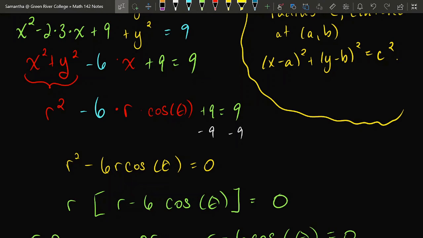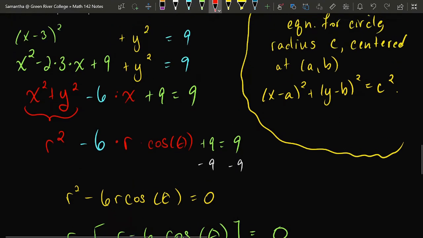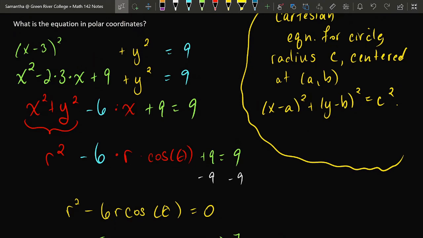Now, aside of that, if there are any remaining isolated x's, then you can convert those individual x's to the quantity r cosine theta. And likewise, any individual y's could be converted to an r sine of theta. From this, you have technically finished converting the equation into polar coordinates.